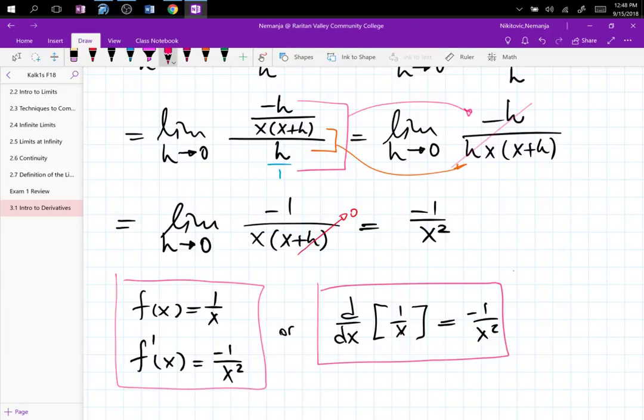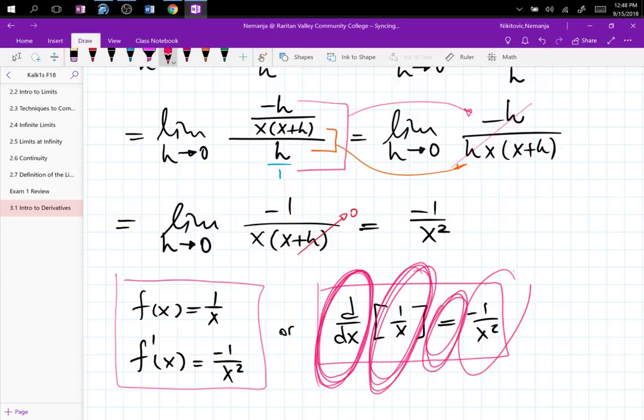To me, it's natural to say the derivative of 1 over x is negative 1 over x squared. It's just natural to talk that way, which is why I like this. Now, you guys still get full credit if you use the other one. It's fine. Whatever makes you happy.